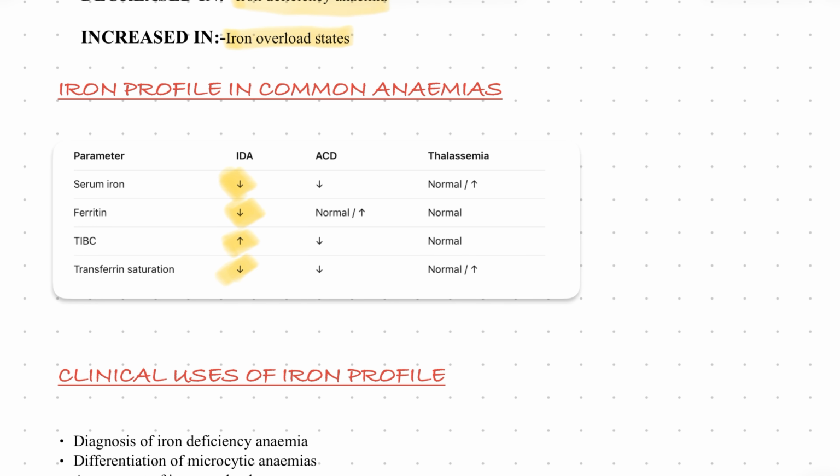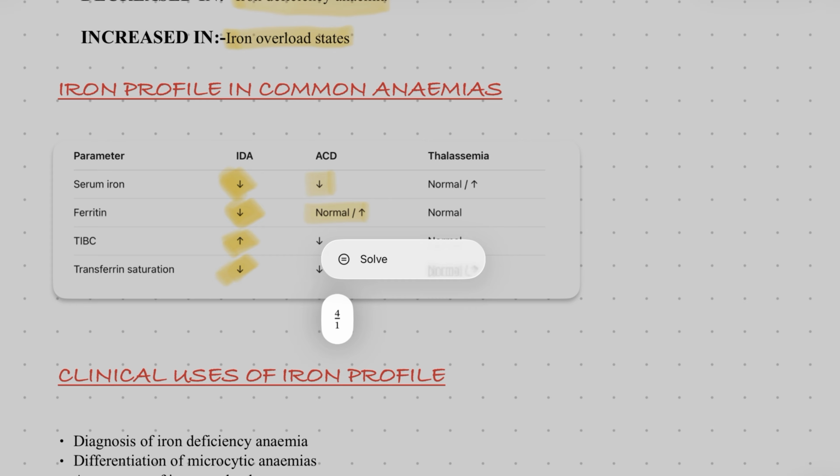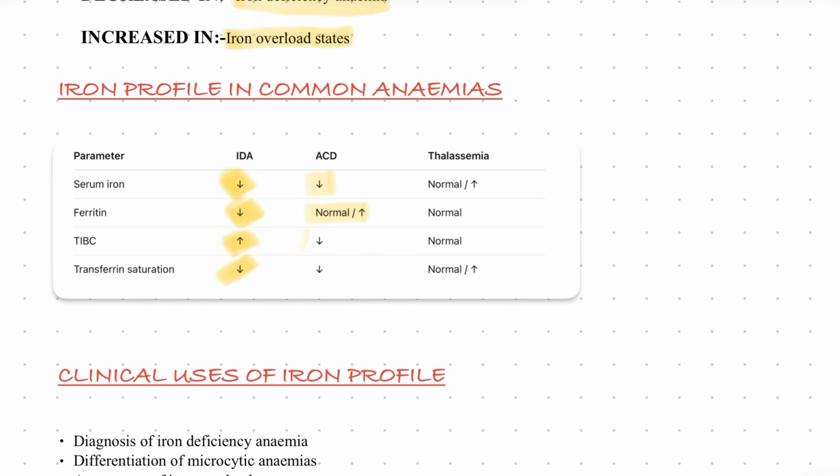Then in anemia of chronic disease, we see serum iron will be reduced, and ferritin will be normal or increased. Then we have TIBC reduced and transferrin saturation reduced. Thalassemia, normally iron level will not be varied, or it may be increased, never decreased. Ferritin will be normal, TIBC will be normal and transferrin saturation will be increased.